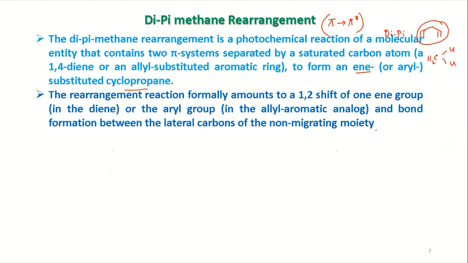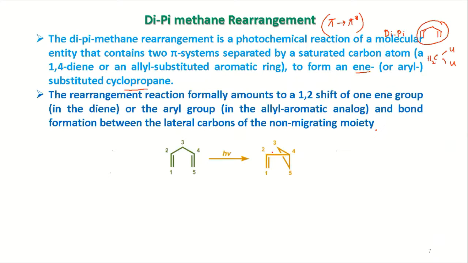Let us look at what it means. So this is your di-pi-methane. What product will it generate? Kind of this: you have the cyclopropane and you have the one ene. So a cyclopropane with one ene, that kind of moiety will be forming. Now how does it happen?